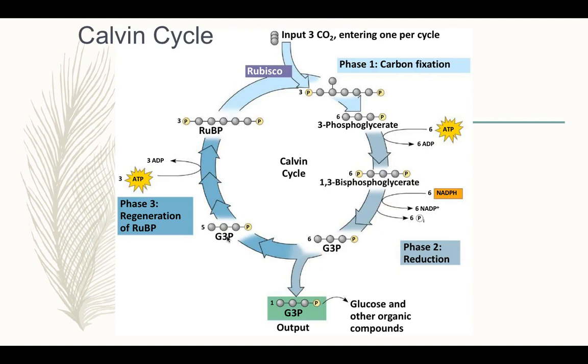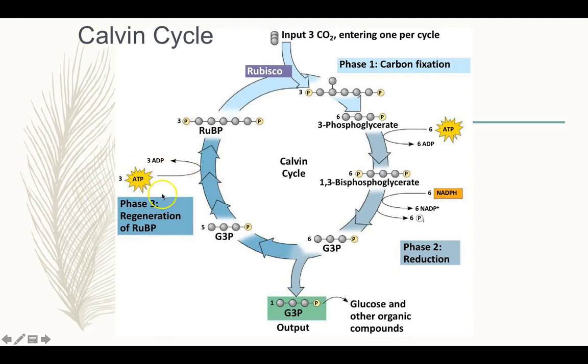I'm missing the phosphates. So it's going to take 3 more ATP to phosphorylate these compounds. And I'm going to change 5 3 carbon compounds into 3 5 carbon compounds again. I do that through the regeneration of RuBP. And when this happens, I have to use 3 more ATP.